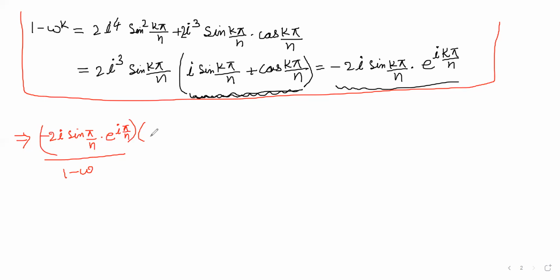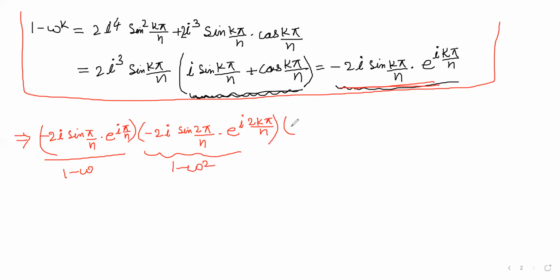Next time I am going to write minus 2 iota sine 2 pi, putting k is equals to 2 here, 2 pi upon n into e raised to iota 2 pi upon n into the third bracket, and notice this is actually 1 minus omega square.